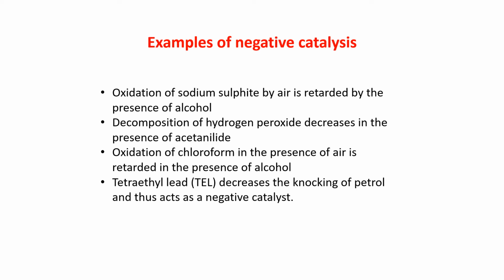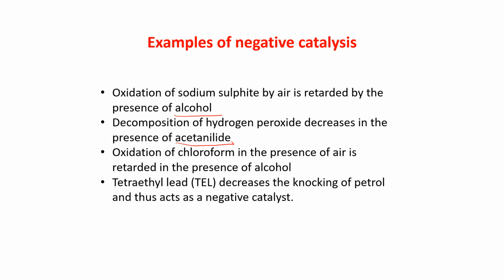Examples of negative catalysis. Oxidation of sodium sulfite by air is retarded by the presence of alcohol. That means alcohol is acting here as a negative catalyst. Decomposition of hydrogen peroxide decreases in the presence of acetanilide.